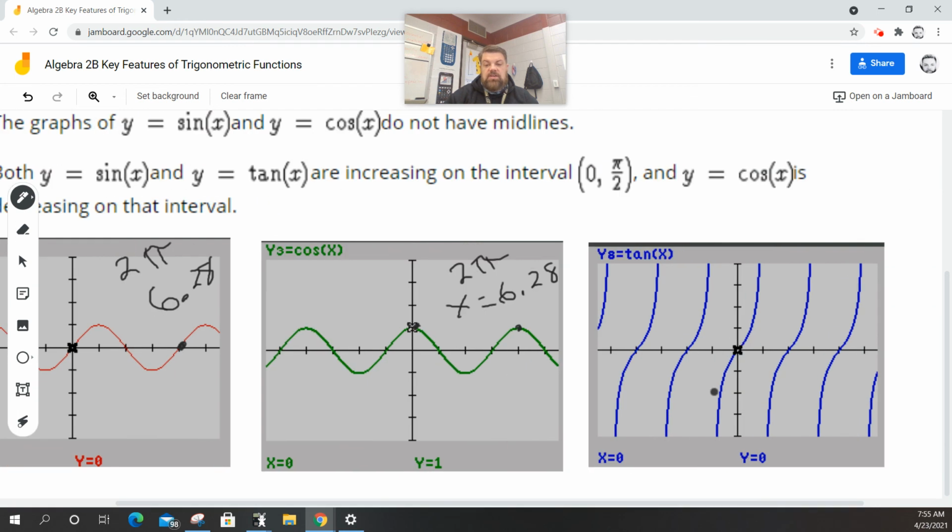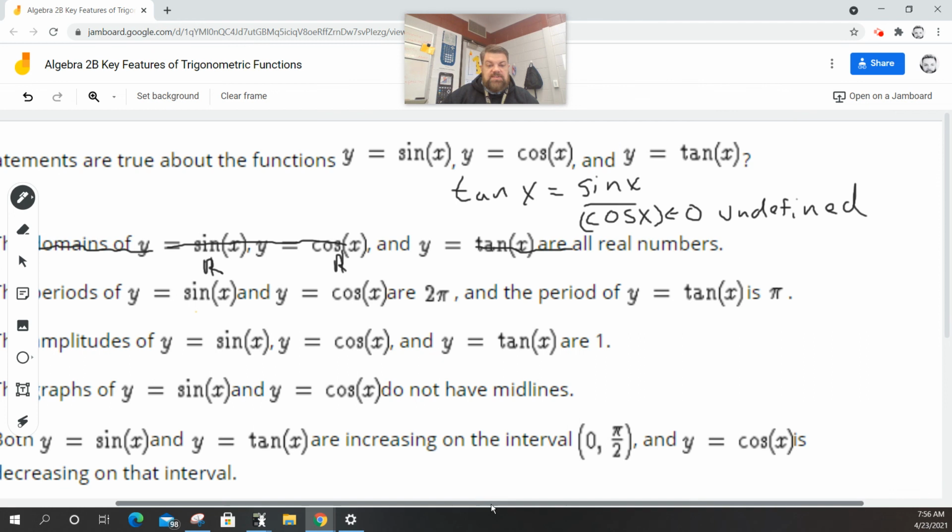And as we go to tangent, from here to here is x equals 3.14, which is just pi. Okay. So that one's true.